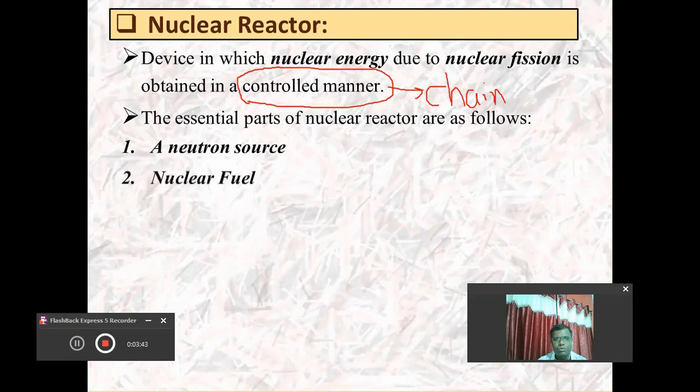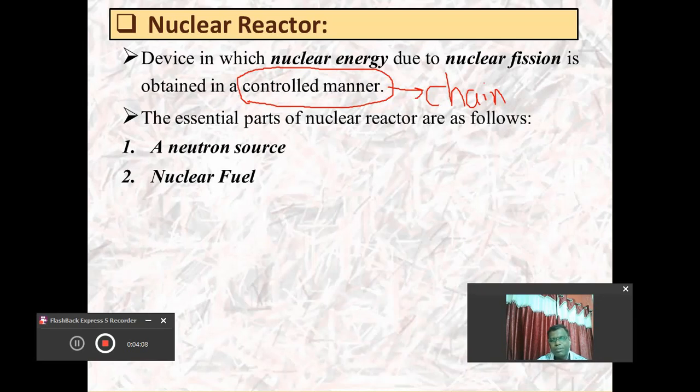Again, these neutrons are bombarded on the target material, the nuclear fuel, which is going to undergo fission, and definitely this target material bombarded by slow neutrons is called a nuclear fuel.